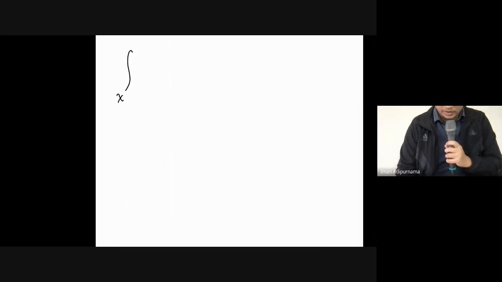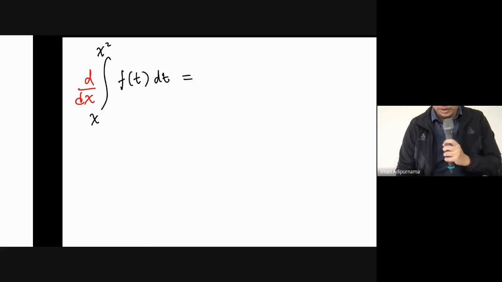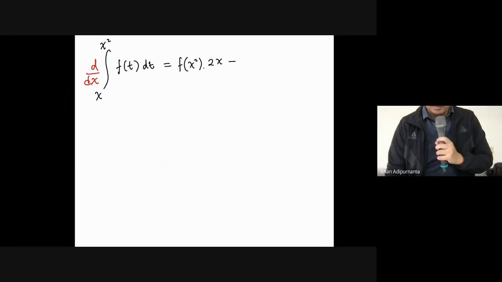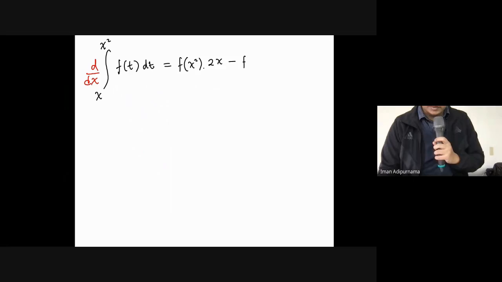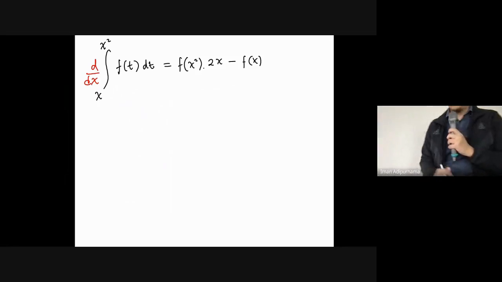So if you have, for example, this is x, and this is x squared, this is f dt. If you have the derivative, then the first one will be f(x squared), and then 2x, and then minus f(x). Okay.